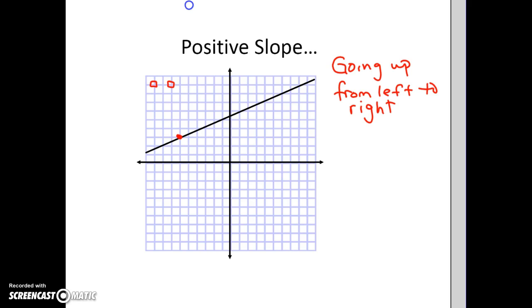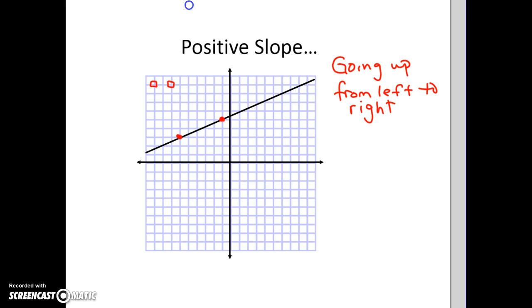And I see one right here that also clearly crosses the corner of the grid. You want to make sure as you do this that you are finding the corners of the grid. You want 2 points, and those points need to be on the line at the corners of the grid.